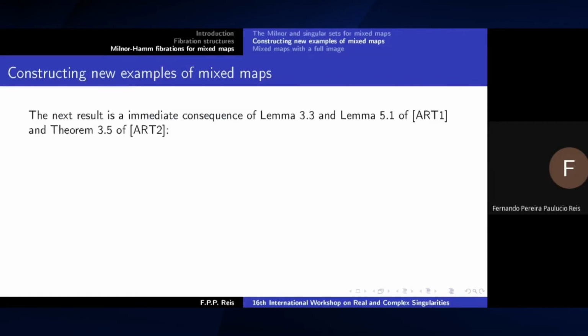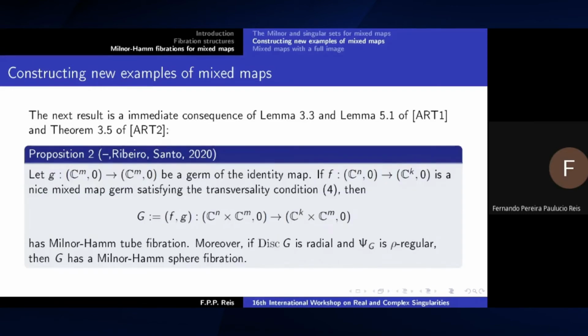The next result is an immediate consequence of Lemma 3.3 and Lemma 5.1 of RT1 and Theorem 3.5 of RT2. Proposition 2. Let g be a germ of the identity map.